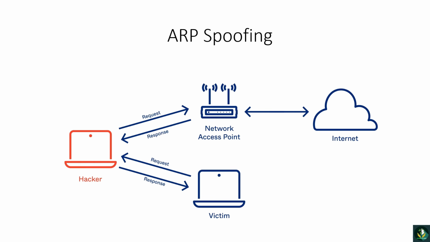Now, for us to understand how this works, you need to have a basic understanding of what ARP is, and I covered that at the start of our previous lecture. But if you don't remember how ARP works, let's just talk about it briefly.